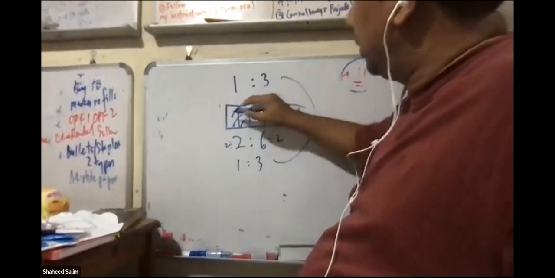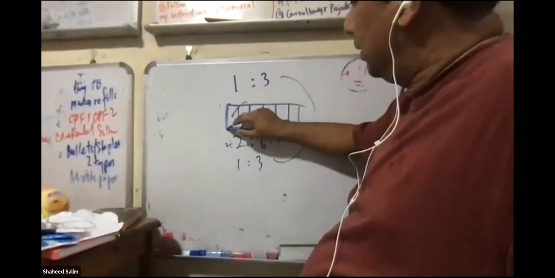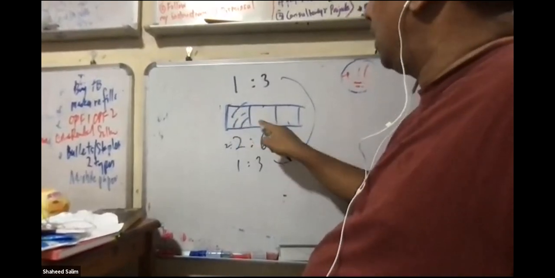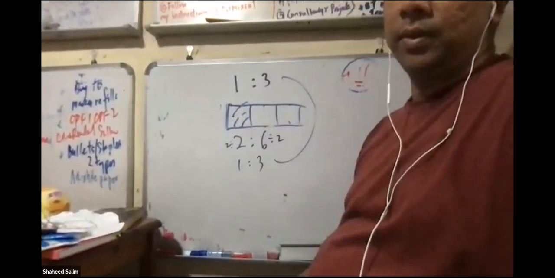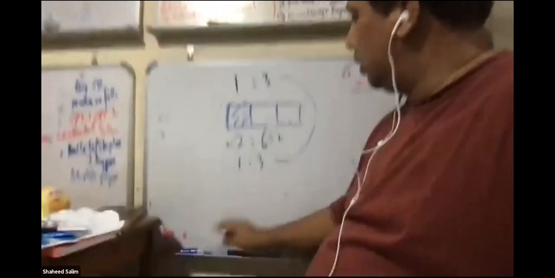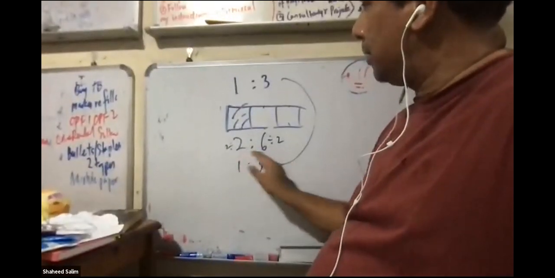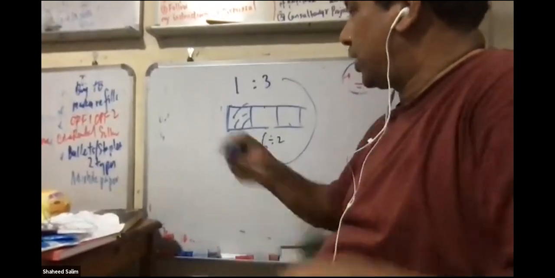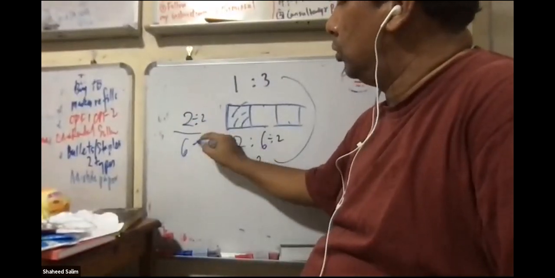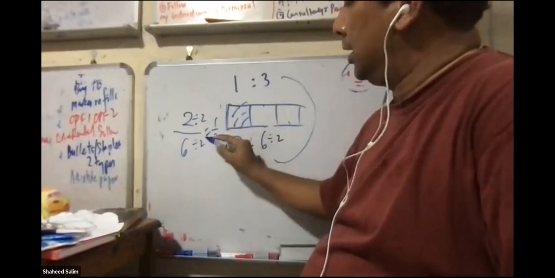It's the same thing because it depends on how I see. I do not want to see the parts down here, I can see the whole. 1 part is to 3 parts. Are you okay? So you can reduce by dividing by the same number. This is the same for fractions also. 2/6, they say reduce. Divide by 2, 1/3. Same thing.